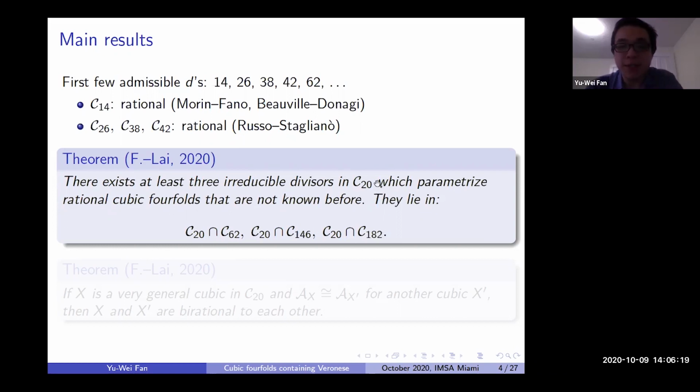Later we'll see why we have the 20 here. You can check that 20 is not admissible, while 62, 146, and 182 are admissible.